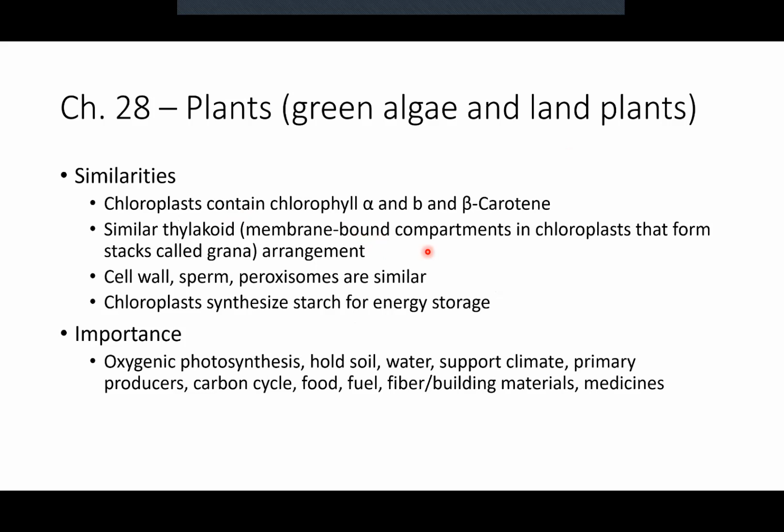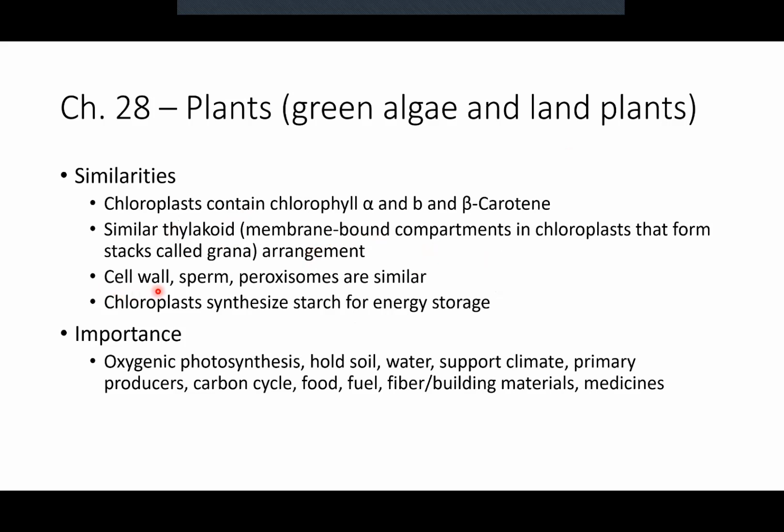Thylakoids are membrane-bound compartments in chloroplasts that form stacks called grana. They kind of look like pancake stacks, and understanding the different parts of a chloroplast is important for understanding the mechanisms behind photosynthesis.